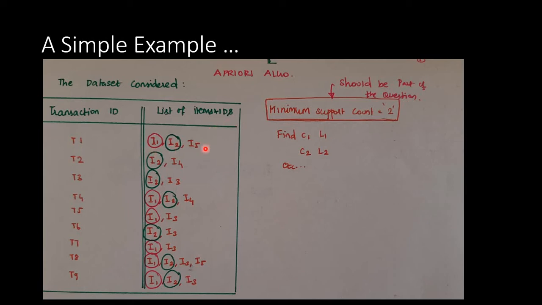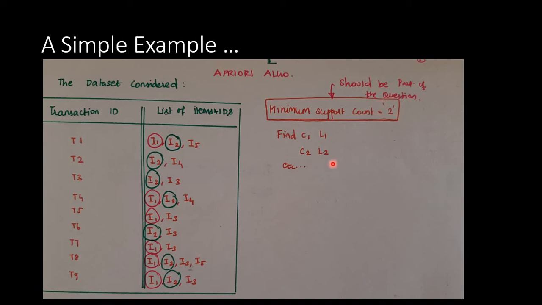T1 has I1, I2, I5; T2 has I2, I4; T3, I2, I3; T4, I1, I2, I4. Likewise, I have got data now. Now, we need to apply the a priori algorithm to find the given task. But before that, every question will definitely have the detail of the minimum support count. The minimum support count is part of the question, and they mentioned it as 2 here. Very simple.